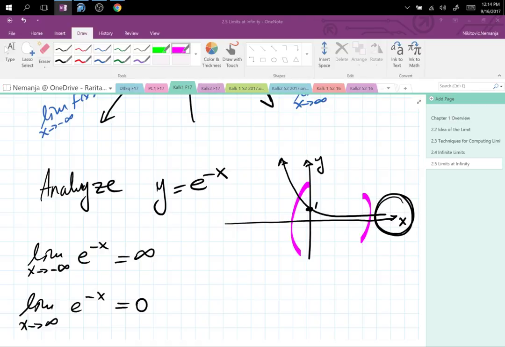Well, they are walls for vertical asymptotes. Vertical asymptotes cannot be pierced under any circumstances. Vertical asymptote is an impenetrable wall. But horizontal asymptote, you can pierce through it, because that asymptote doesn't care what's happening locally.